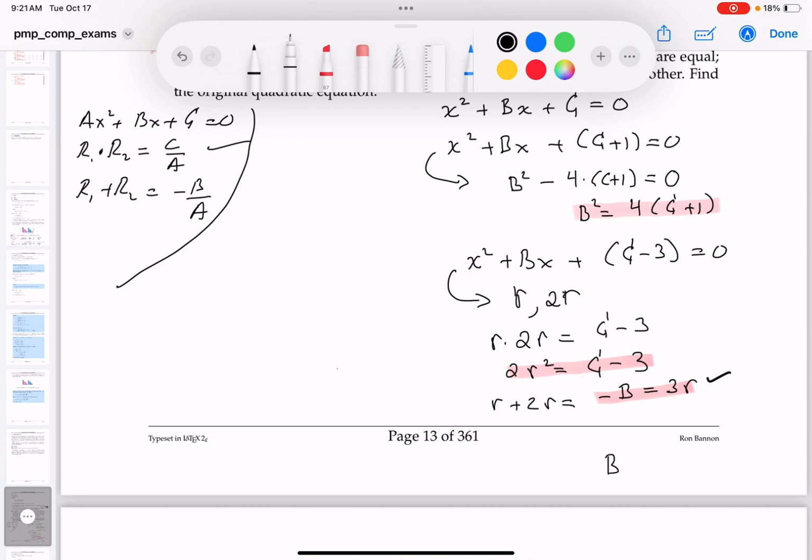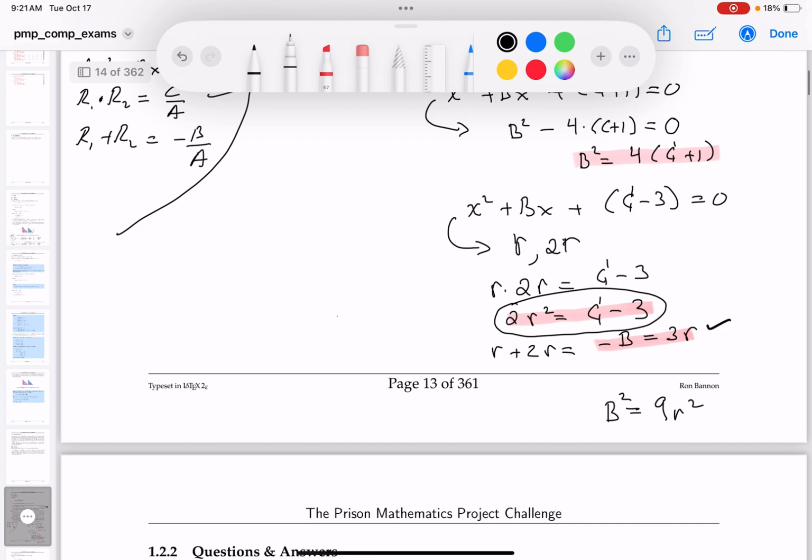So b squared is equal to 9r squared. Then the question is, do I know what r squared is? I think I do. It's right over here. I don't want the r, by the way. So b squared is equal to 9 times c minus 3 over 2.